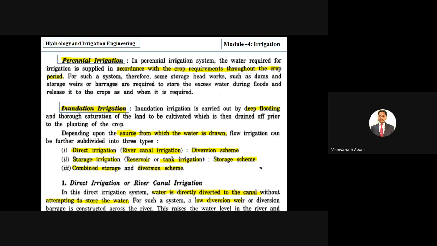This raises the water level in the river. So what is the purpose of providing the diversion weir? It is to raise the water level in the river, and after raising the water level, the water can easily flow by gravity. That's why the construction of diversion work is required.